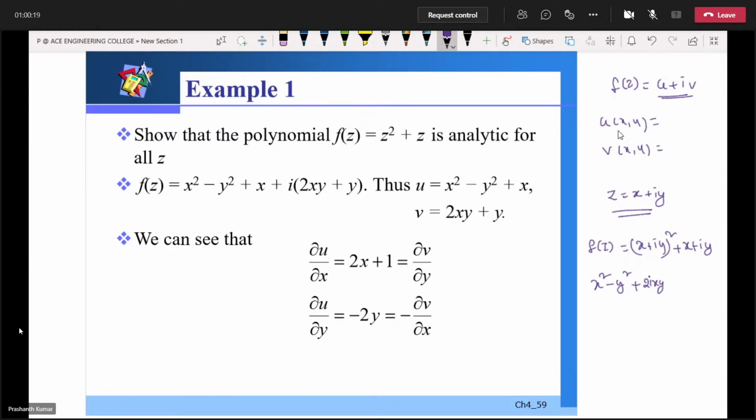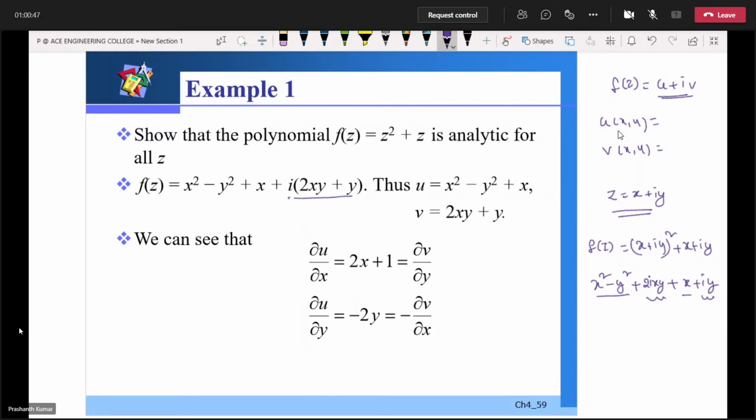You will get this one, or i into 2xy, plus x plus iy. So these are the real values, these are the imaginary values. So these real values I will write one side, these imaginary values one side: x square minus y square plus x, plus i times (2xy plus y). This is what I am writing for the imaginary values.